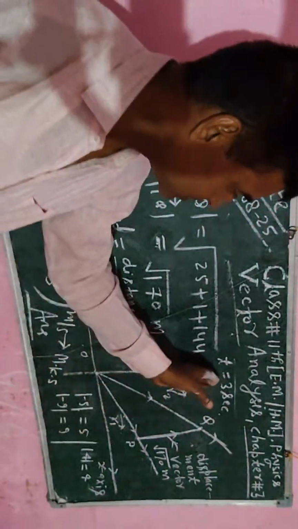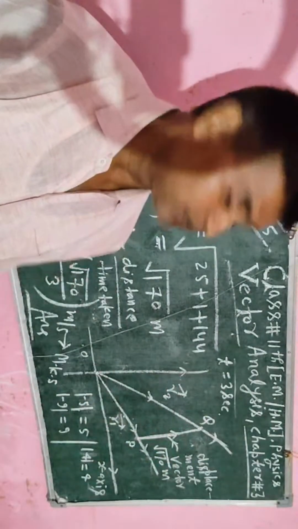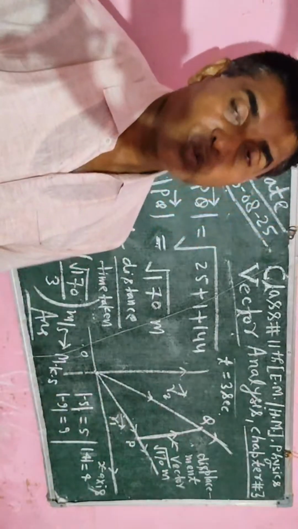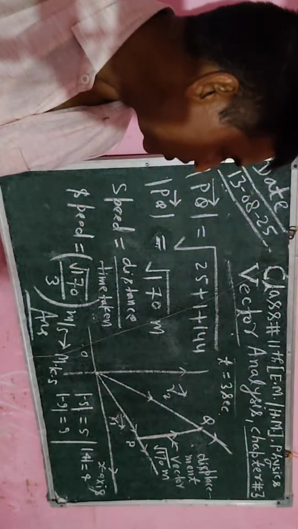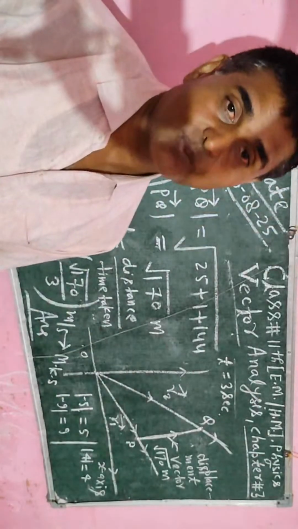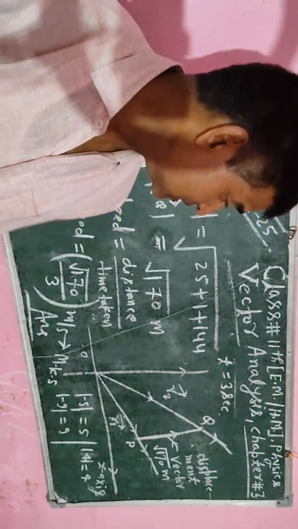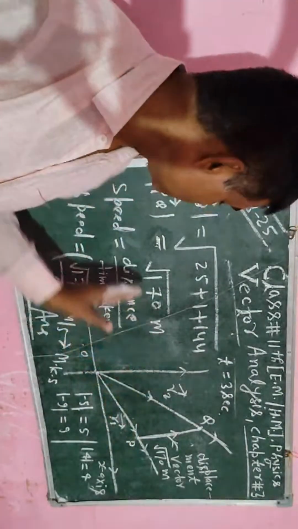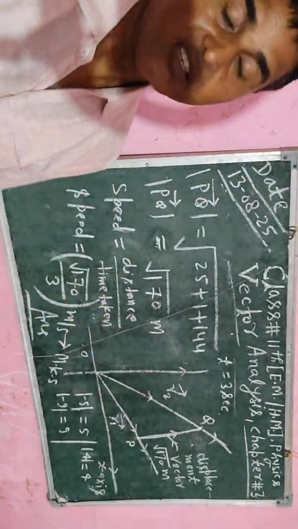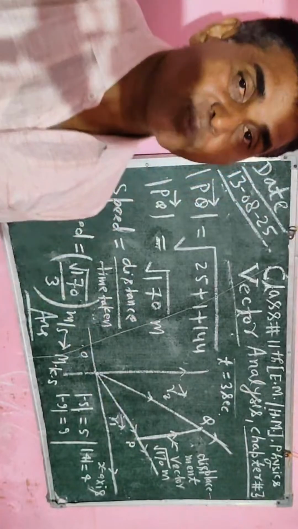So time can be changed, position vector can be changed, so displacement vector can be changed. So you can get another displacement vector, and also you can get another speed value. Okay, so the concept will be the same.